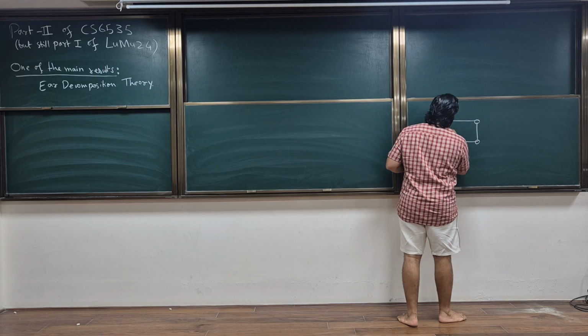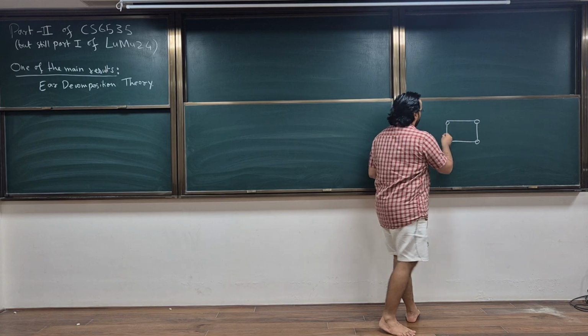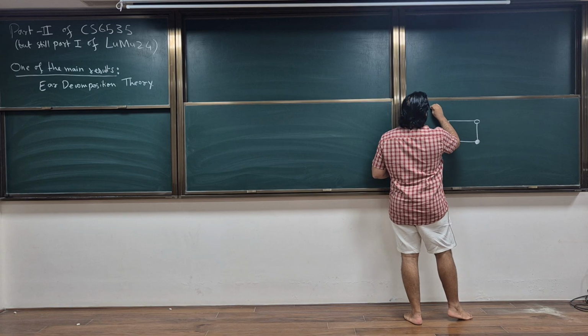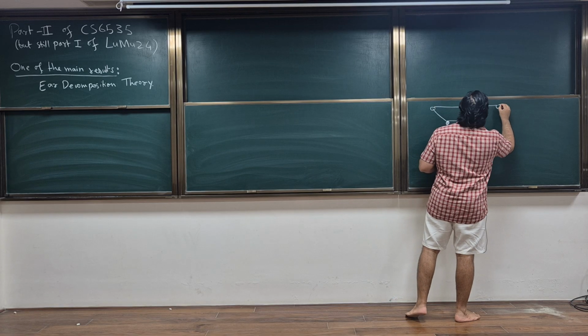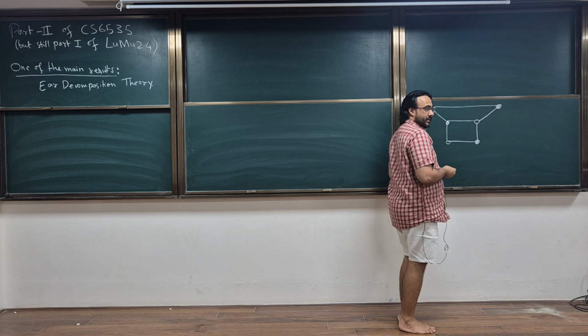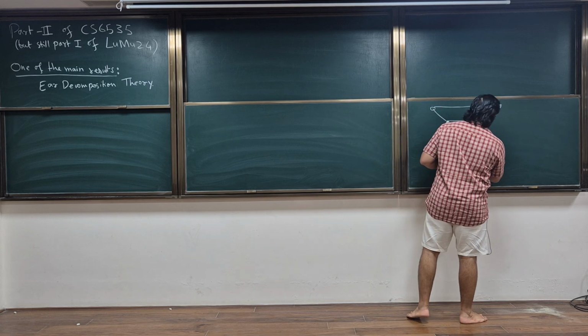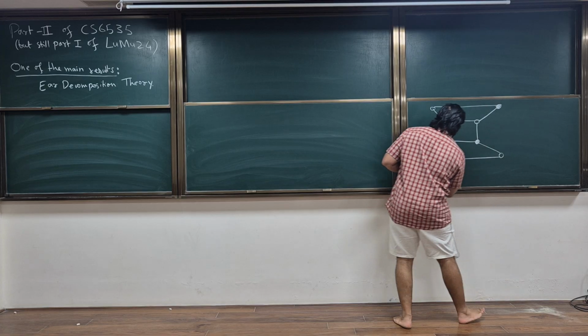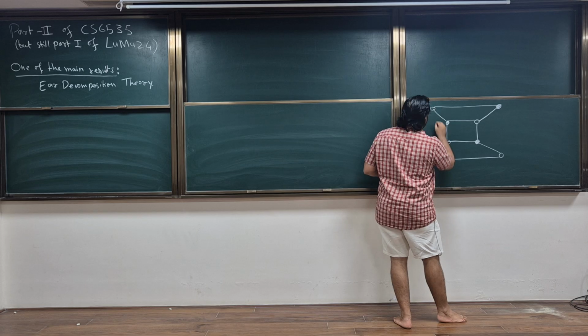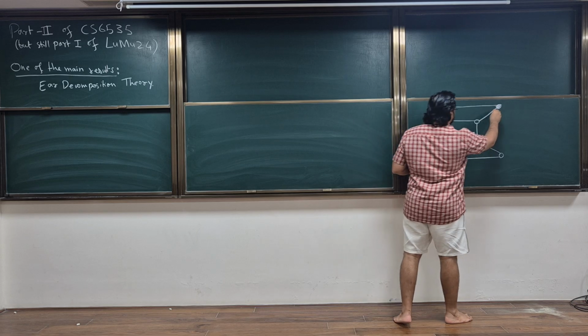If you want to construct the cube, you can do that by simply adding ears of odd length joining white vertices to black vertices. This would be my first ear, this could be my second ear, this is my third ear, this is my fourth ear.